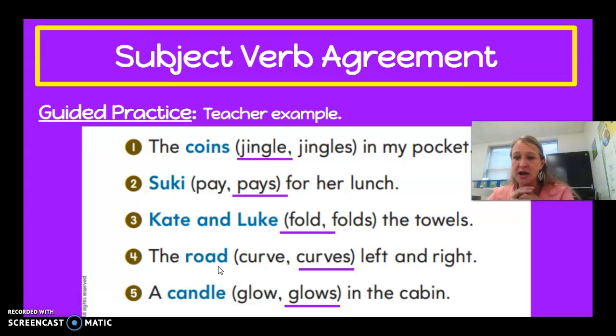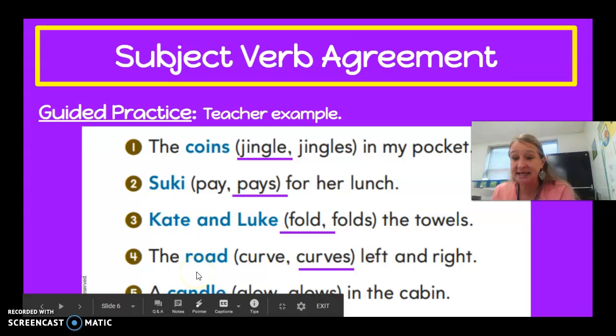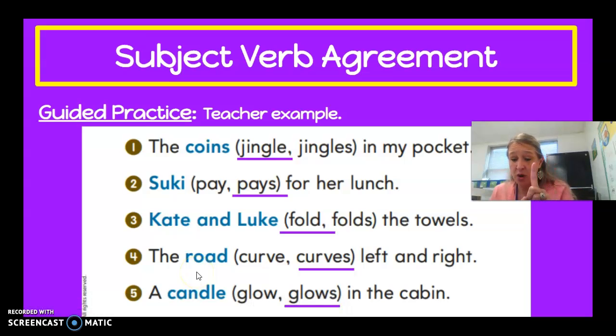Can I share a tiny little trick with you? You know what helps me remember whether I add an S or not? Well, remember we learned that singular means one. Singular means one. So singular starts with a what?